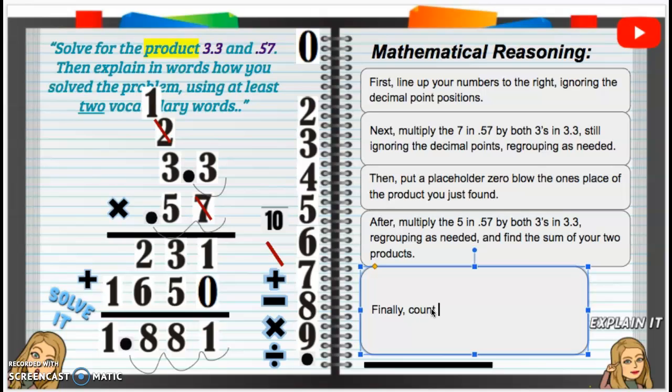Finally, we count the number of digits. We have to put that decimal point back in.